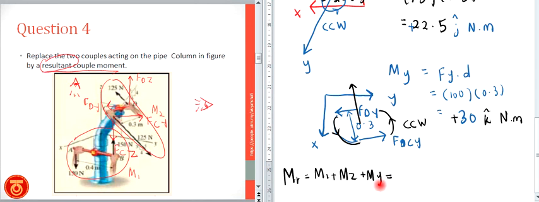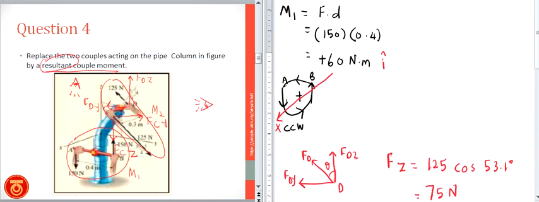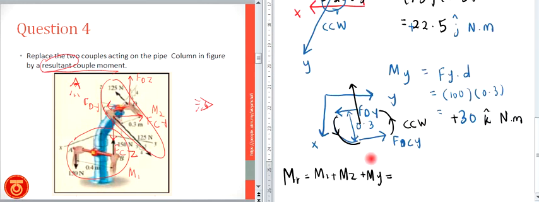So you will have 60i plus 22.5j plus 30k Newton meter. Okay, this is the answer for question 4. Thank you.